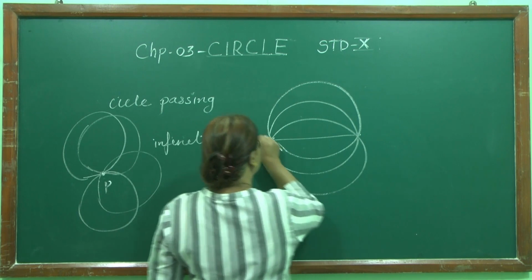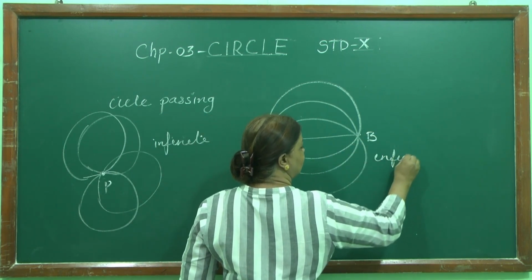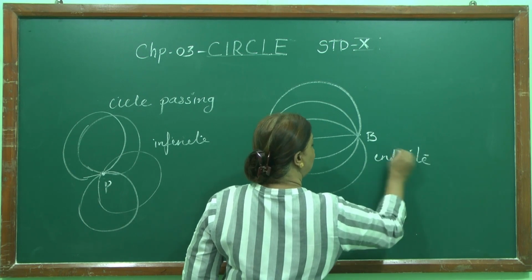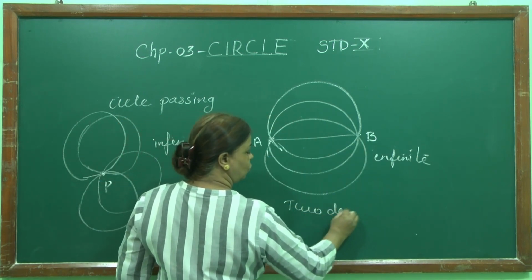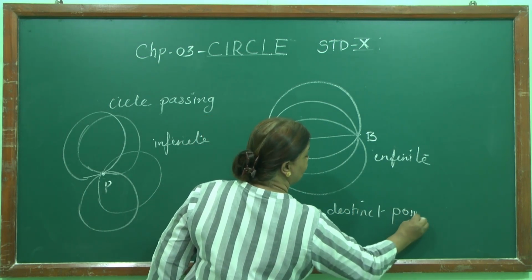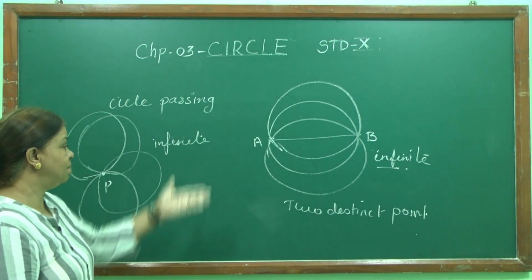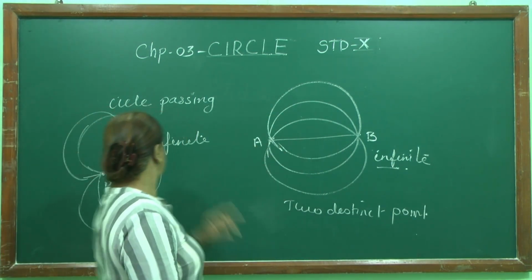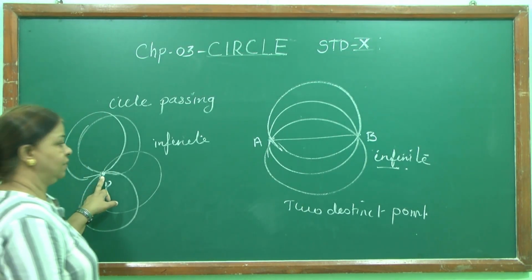Again, this is point A, this is point B. Infinite circles can pass through two distinct points. Remember children, infinite number. So many circles can pass through two distinct points, and so many circles can pass through one single point.